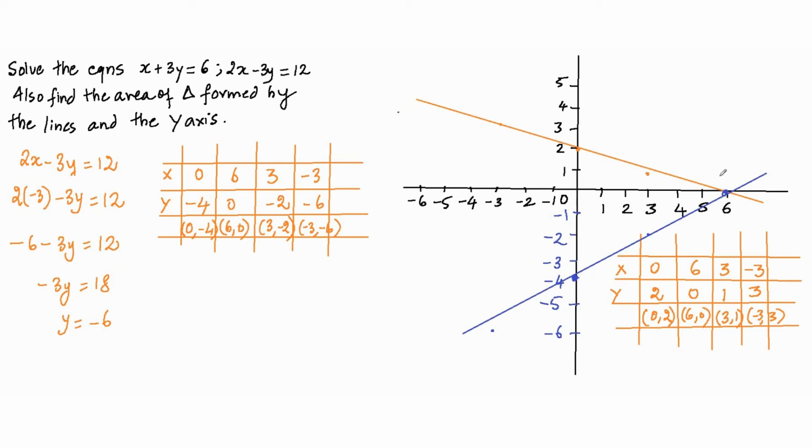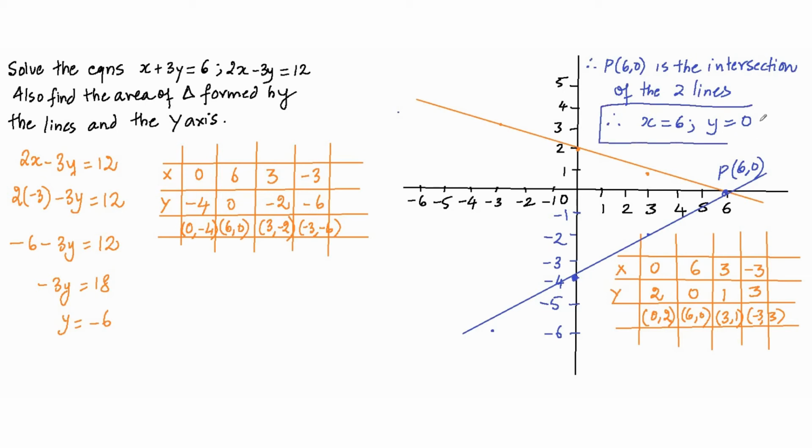These two lines are intersecting at the point P of 6, 0, and therefore I can say P of 6, 0 is the intersection of the 2 lines. And therefore, the solution to the simultaneous equations is x equal to 6 and y equals 0.